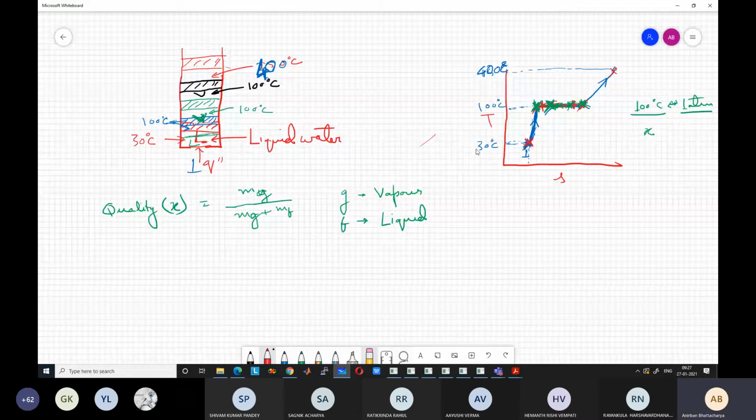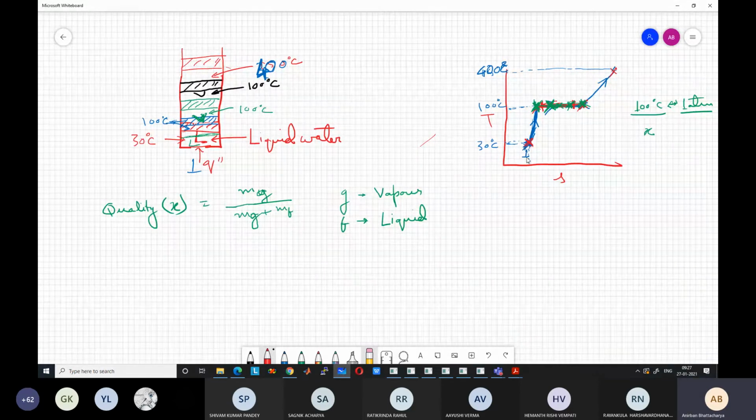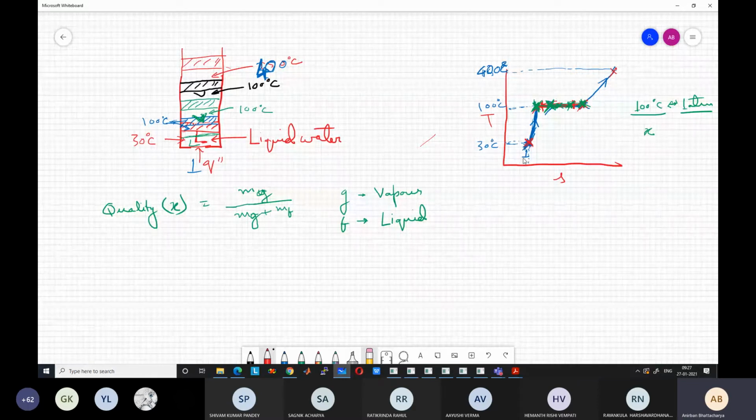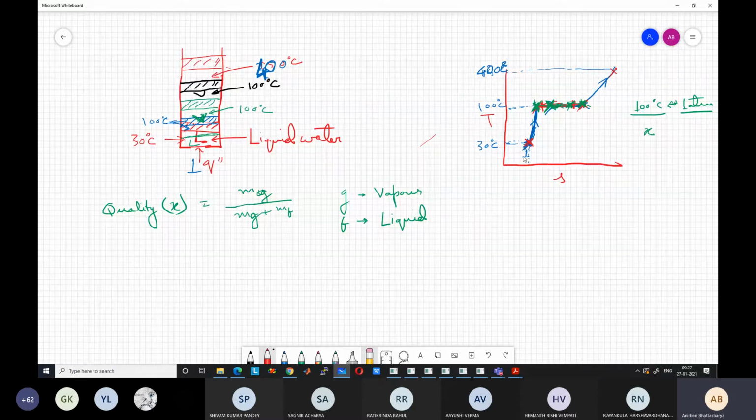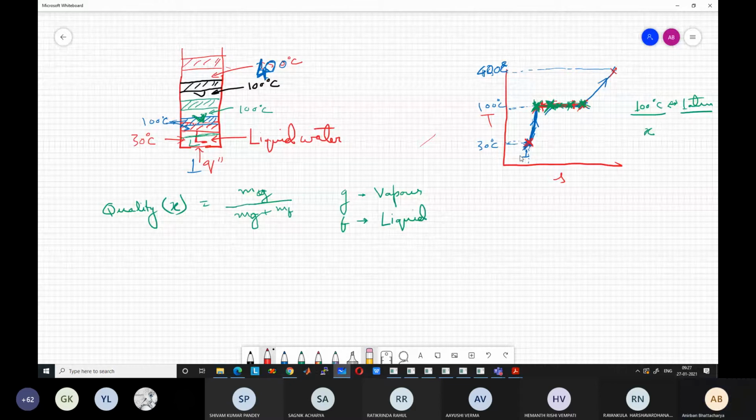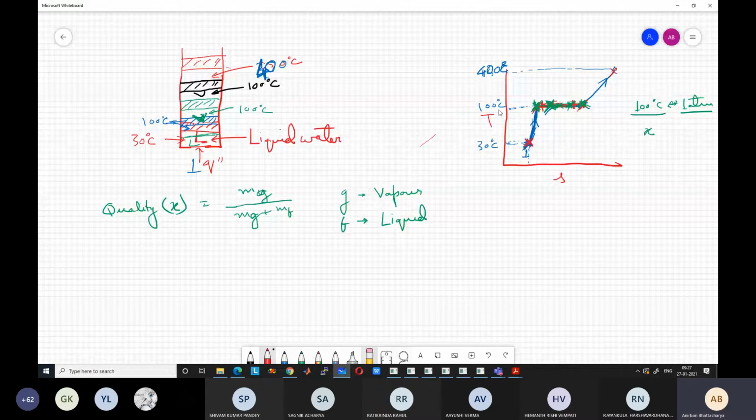However we reach 100 atmospheric pressure, we have put a lot of weight on the top of the piston. So initially, what is the position at 30 degrees centigrade at 100 atmospheric pressure in the TS diagram? What will be the position of the state of the liquid water at 30 degrees centigrade at 100 atmospheric pressure? Can somebody say?